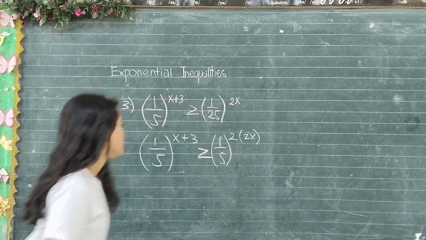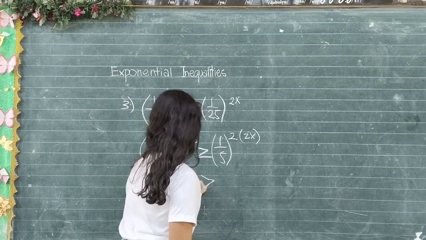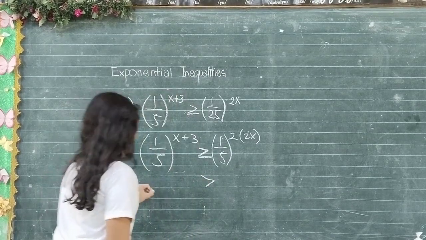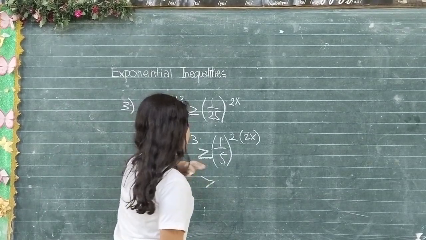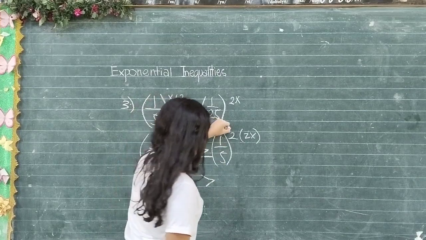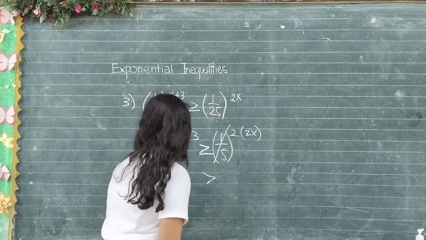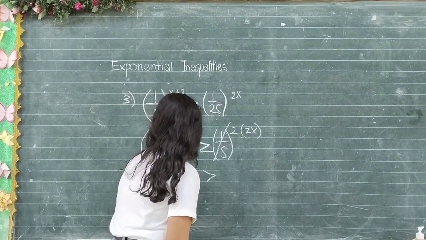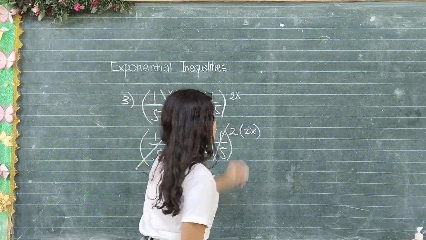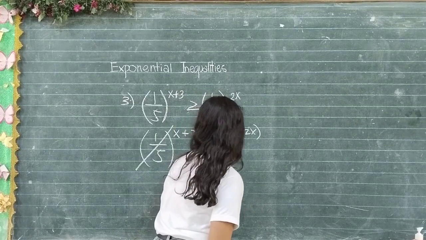Next, we cancel this base. So, we put here x plus 3, and 2 times 2x is equal to 4x.